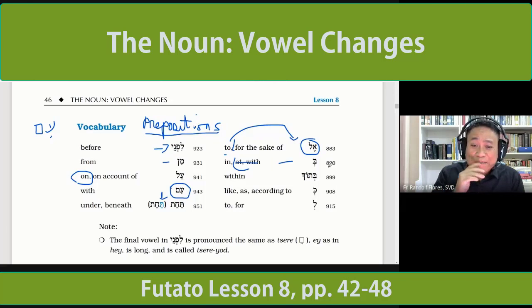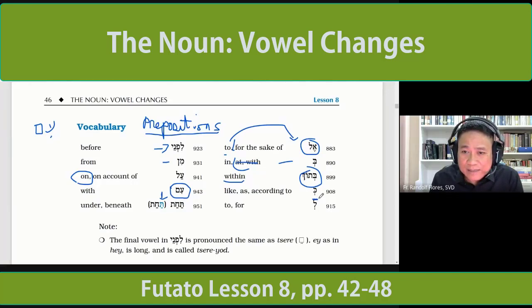See? Be, in the beginning. Okay. So you see this is the first word in the Bible. Be, a preposition. Bereshit, the reshit is beginning. So be is in, preposition in. Within is betokh. Okay? Betokh. Within.